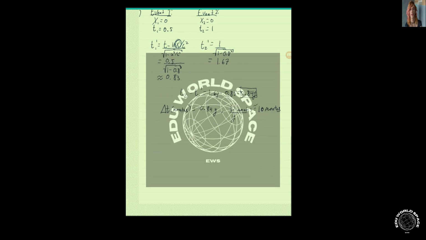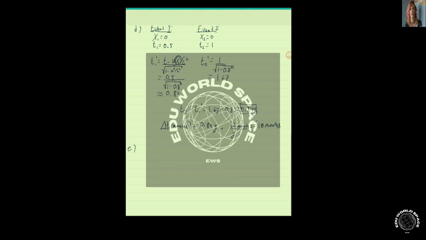Now, for part E, the question is set up the same way, only rather than having the radio signal being sent from Earth to the starship, the signal is going to be sent from the starship to Earth.